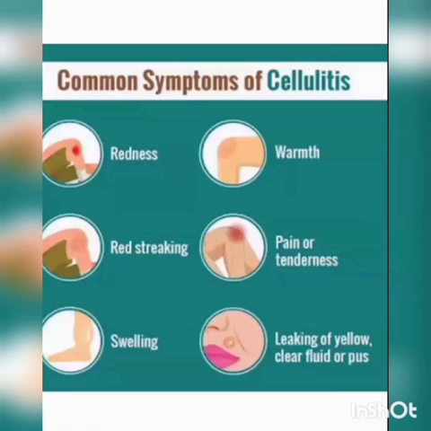Then swelling; while observing we can see the edematous skin. When we touch the localized affected area, we can feel the warmth. Then pain or tenderness. The patient will have the feeling of pain, and when we touch there will be tenderness.